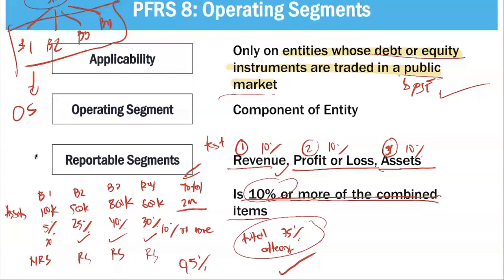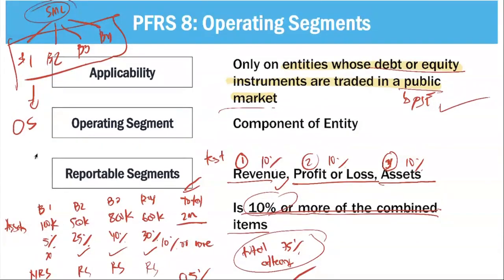Okay, what is considered an operating segment? Any component of the entity which also engages in business activities. In our example, SMC has four components: business one, business two, business three, business four. What we need to know here is what is an operating segment or what can be reportable out of these segments. How do we test? If there is 10% or more of the combined item.